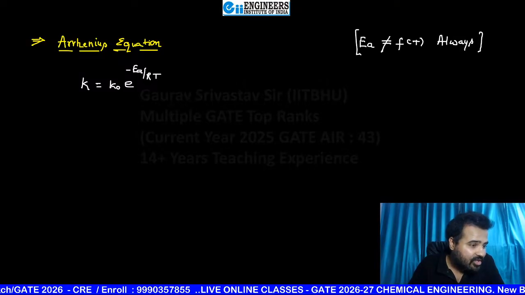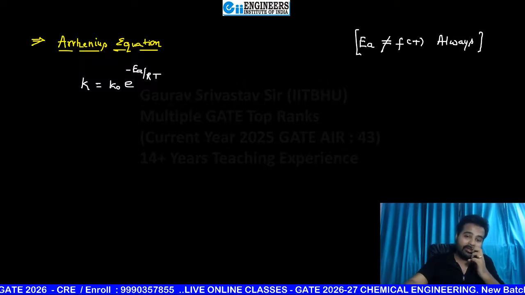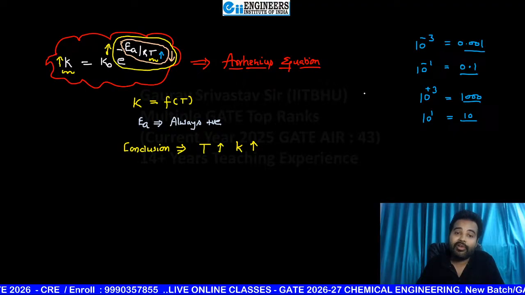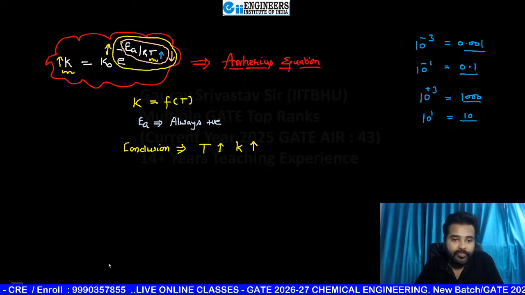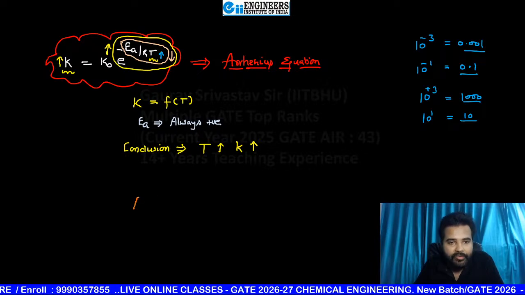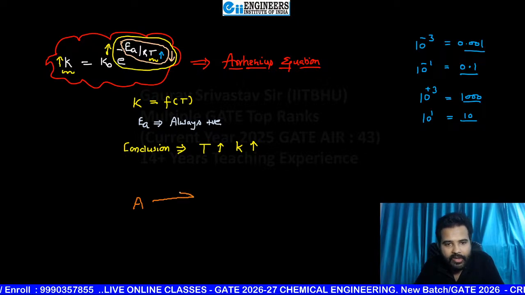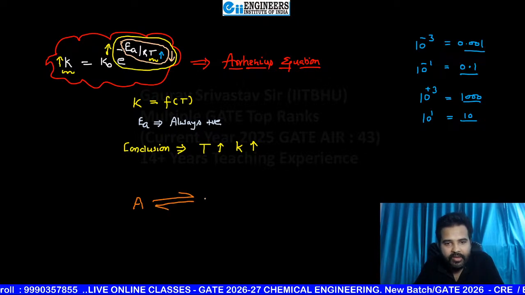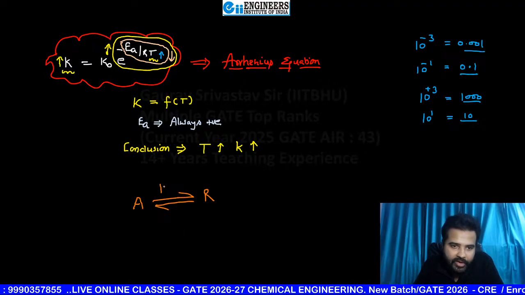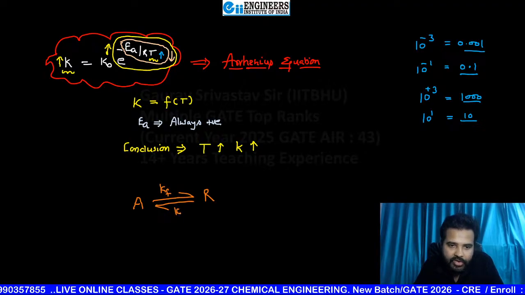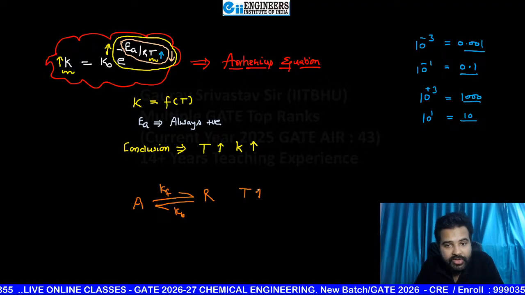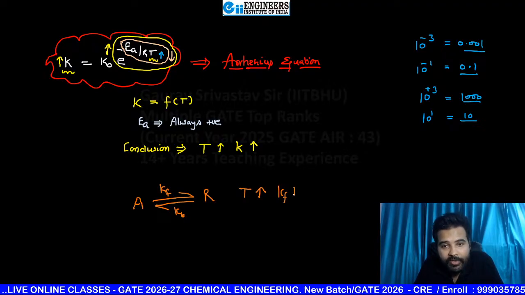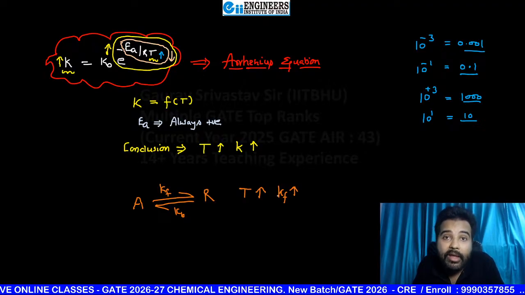Someone asks whether the conclusion is for reversible or irreversible. But this conclusion, you can see even for a reversible one. How? Look carefully here. If it is a reversible reaction, A is forming R. This is the forward reaction rate constant, and this is the backward reaction rate constant. So my dear students, when you increase temperature, Kf increases always.